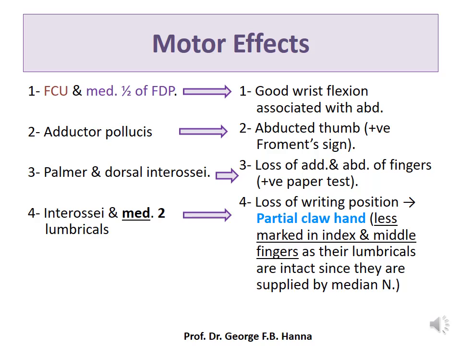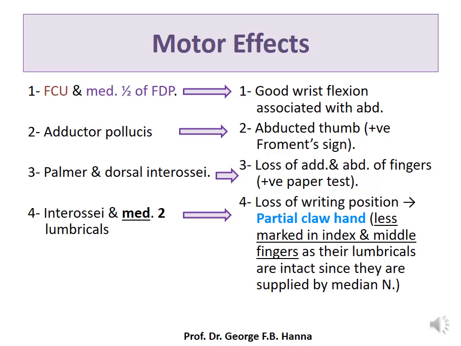Let us go to number 3 here, palmar and dorsal interossei. Interossei, together with the lumbricals, do what is called the writing position. But also individually, palmar interossei do adduction of the fingers, and the dorsal interossei do abduction of the fingers.